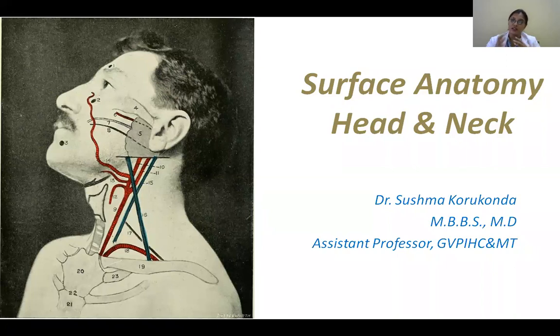Like if you see patients hospitalized in the ICU, sometimes the peripheral veins, which you regularly use for cannulation, may not be accessible. So we may have to go for central veins. Central veins are your great veins, which directly take you to the heart. Okay, so you should be able to know where your internal jugular vein and subclavian vein are. And in physiology, they must have told you about the jugular venous pulse.